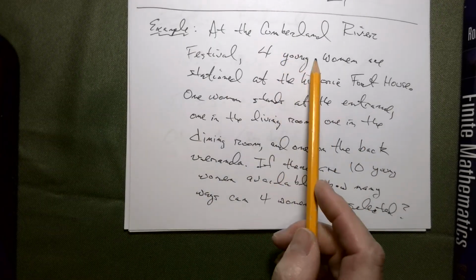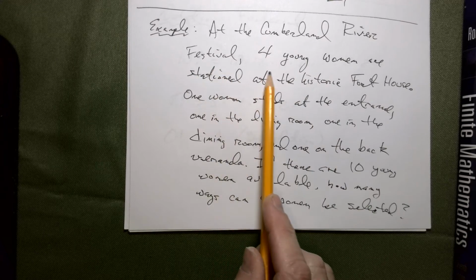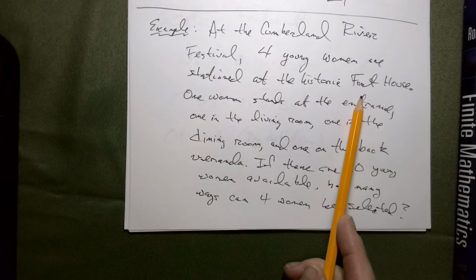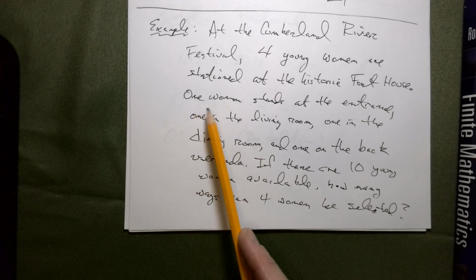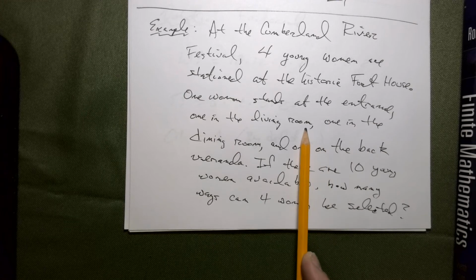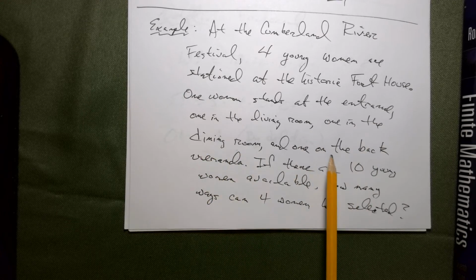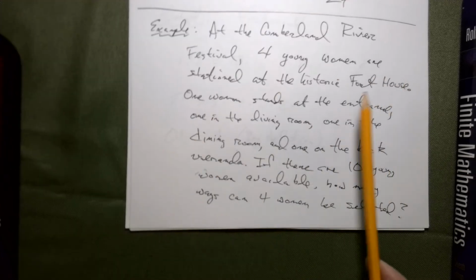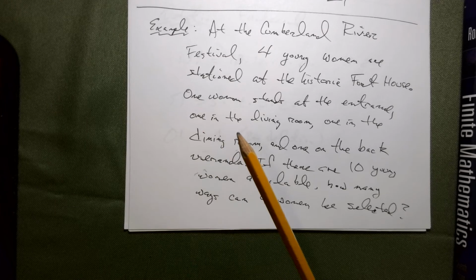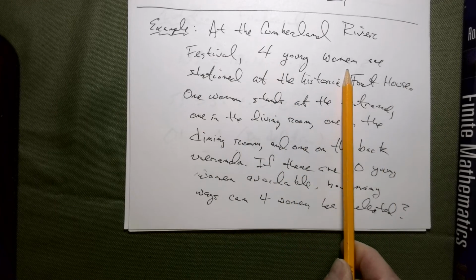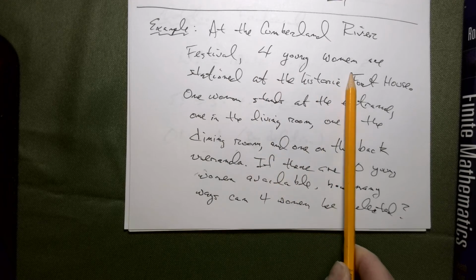At the Cumberland River Festival, 4 young women are stationed at the historic Fort House. 1 woman stands at the entrance, 1 in the living room, 1 in the dining room, and 1 on the back veranda. If you've ever gone to someplace like Colonial Williamsburg or some other historic site where they have interpreters, when you say 4 women, they're all different, right?